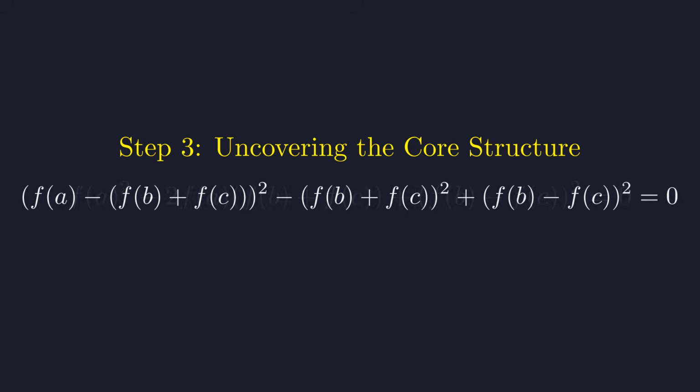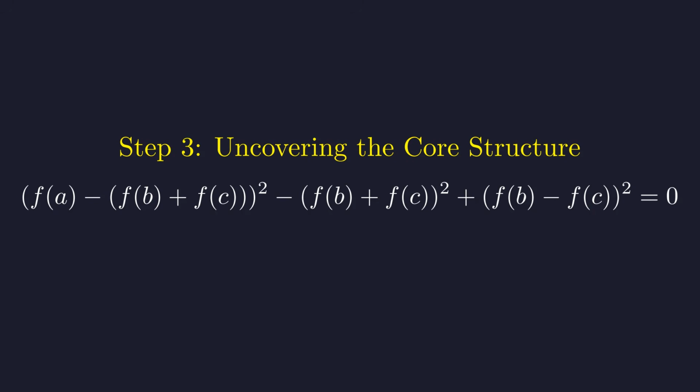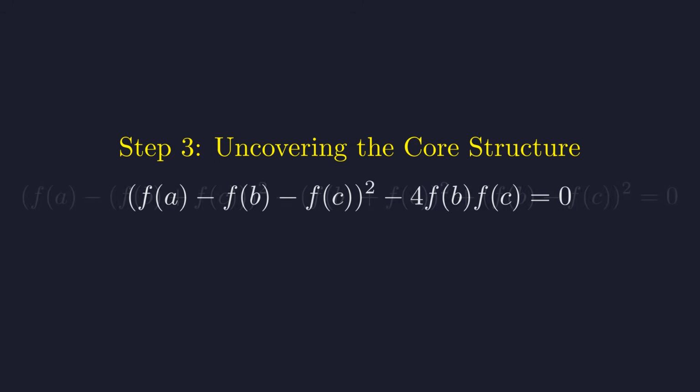We add and subtract the square of half the middle term. When we expand and simplify these two squared binomials, the f of b squared and f of c squared terms cancel, leaving only negative 4 times f of b times f of c. This substitution simplifies the expression beautifully. Finally, we can isolate the squared term.